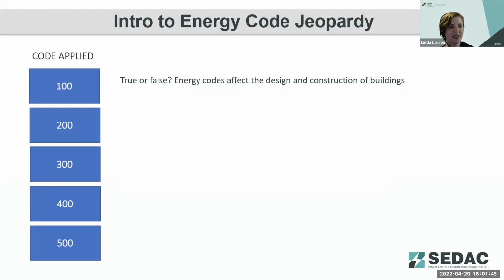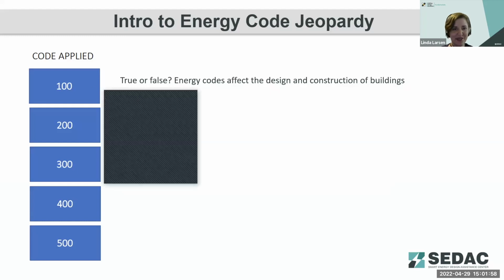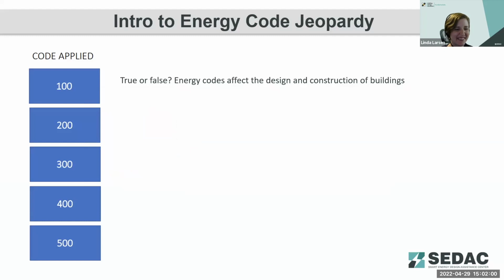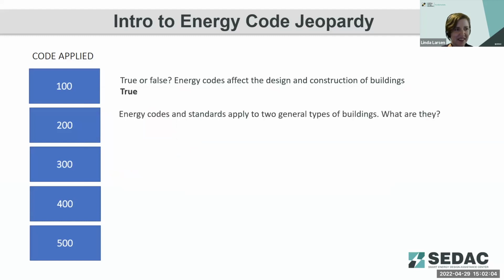True or false? Energy codes affect the design and construction of buildings. You can just shout it out or put it in the chat. Quite true. Very good. Yes. So good. Next, we hope so.